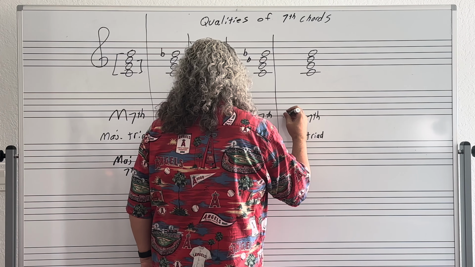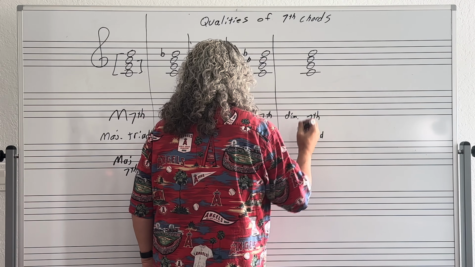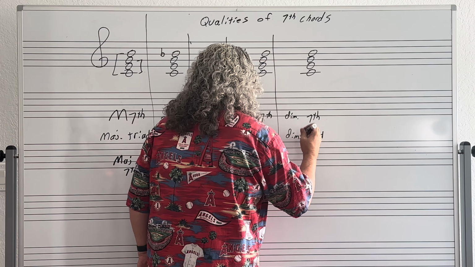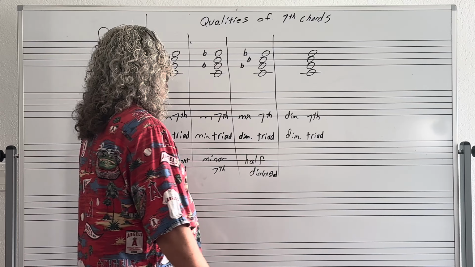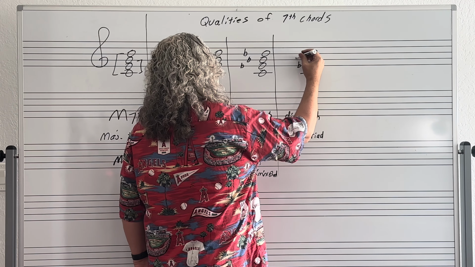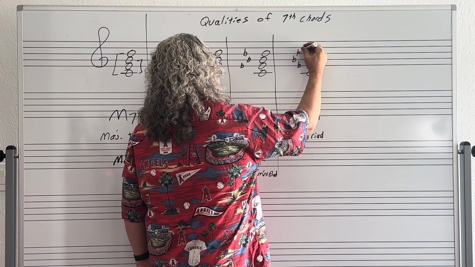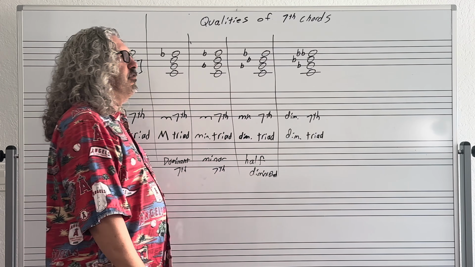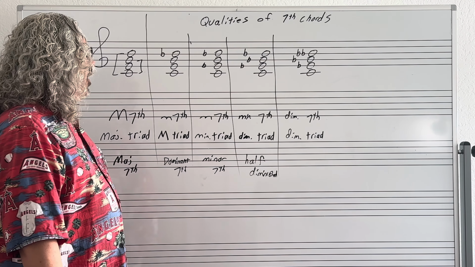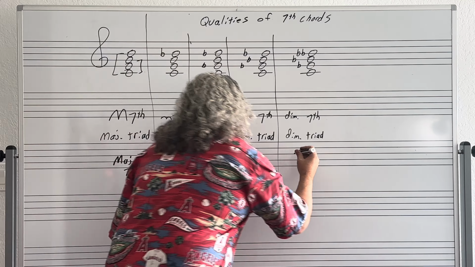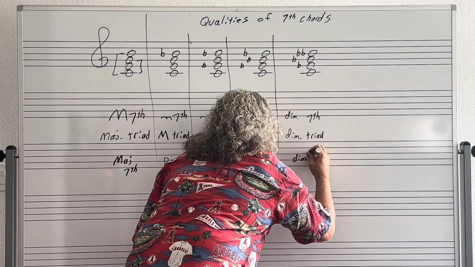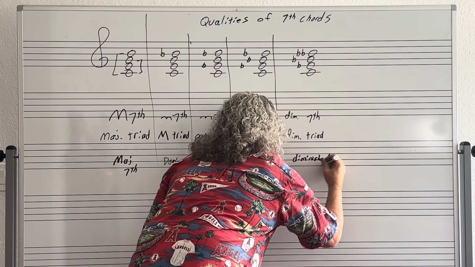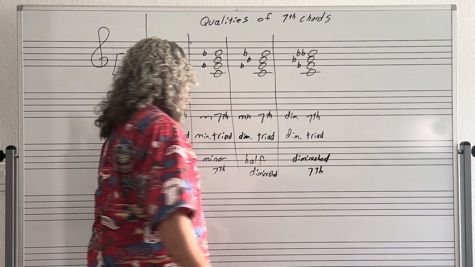On this one, you're going to have a diminished 7th and a diminished triad, okay? So here's our diminished triad, and we're going to make that a diminished 7th by giving it its double flat right there, and then this is called a fully diminished 7th. We just say diminished 7th, okay?